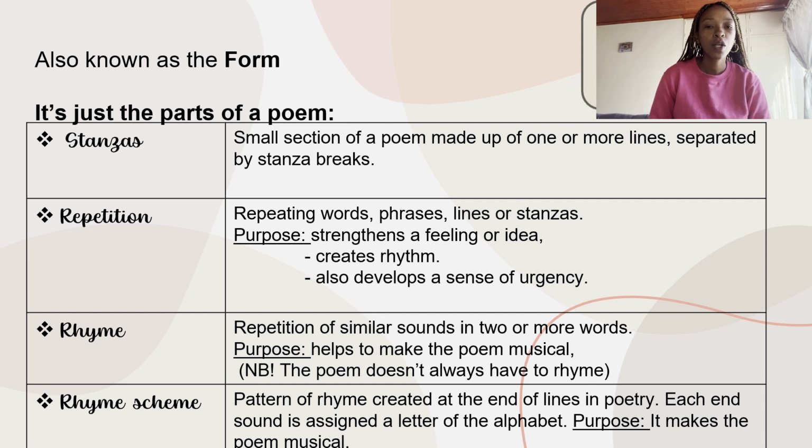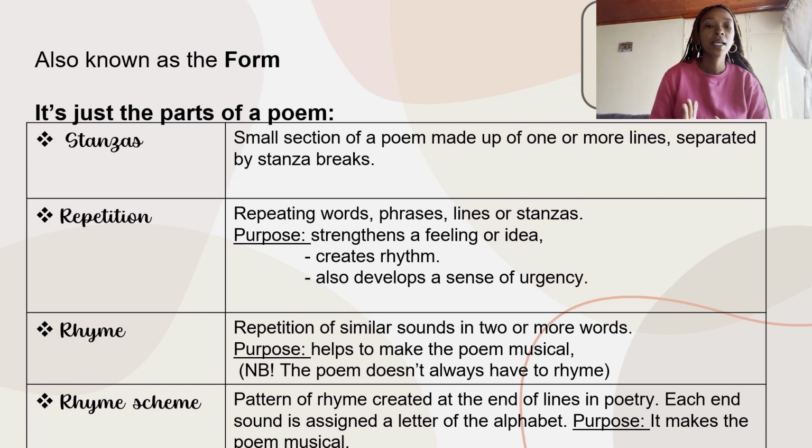When we're looking at structure, we also look at the rhyme. What are the rhyme patterns? Which words sound the same? The purpose of this is to help the poem sound more musical or lyrical. Remember that the poem doesn't always have to have a rhyme. In this case, when it doesn't have a rhyme, we consider it, for example, a free verse poem. But if the poem does have a rhyme, then we need to look at the rhyme scheme. What pattern is followed at the end of each line in the poem?